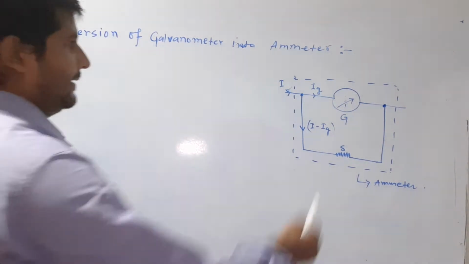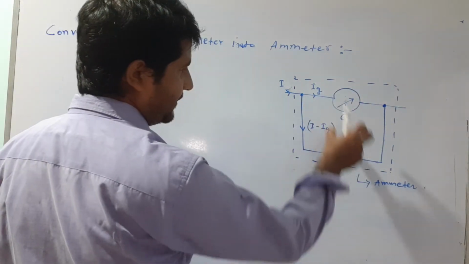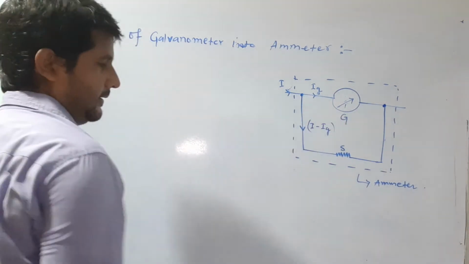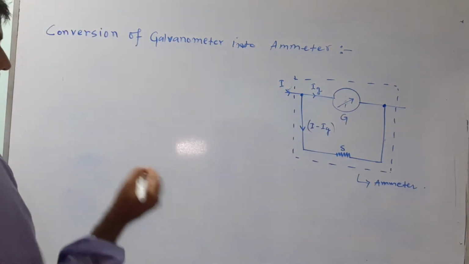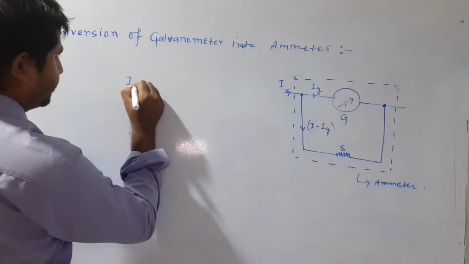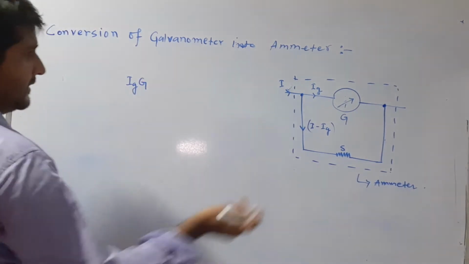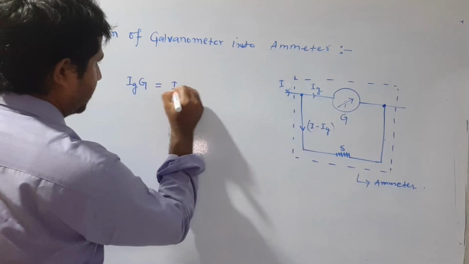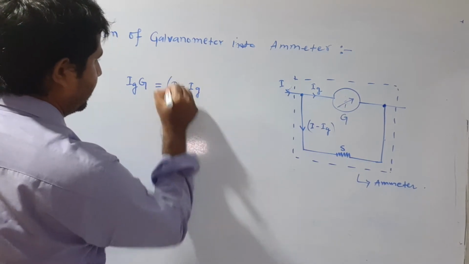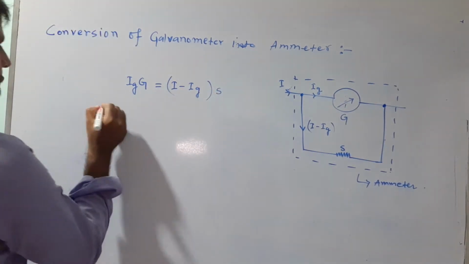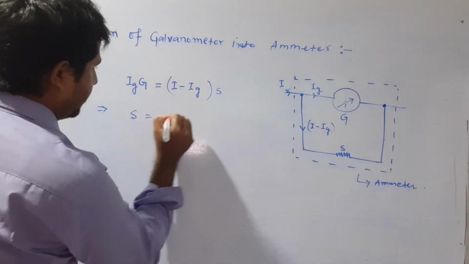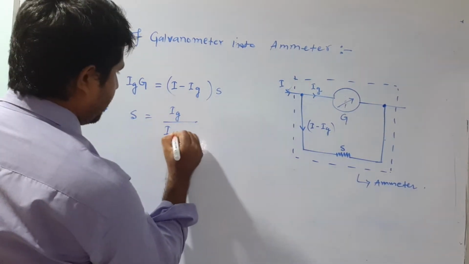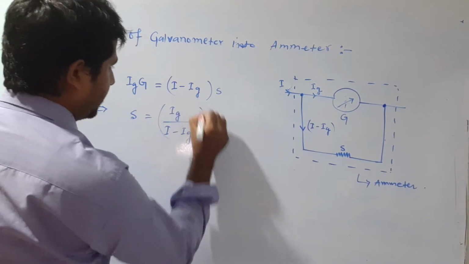These two are connected in parallel, so the potential difference across the galvanometer is equal to the potential difference across the shunt, that is Ig into G equals I minus Ig into S. So the shunt resistance is S equal to Ig by I minus Ig into G.